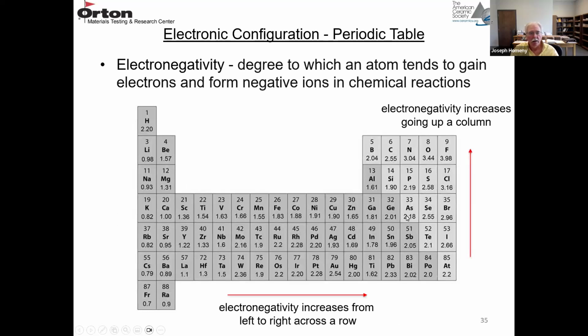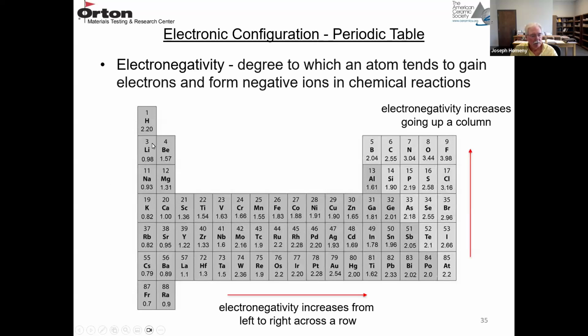So this is another periodic table just showing the electronegativities. Electronegativity is simply the degree to which an atom tends to gain electrons to form negative ions in chemical reactions. So fluorine, oxygen, chlorine up in this corner of the periodic table, the electronegativities are greater than 3.